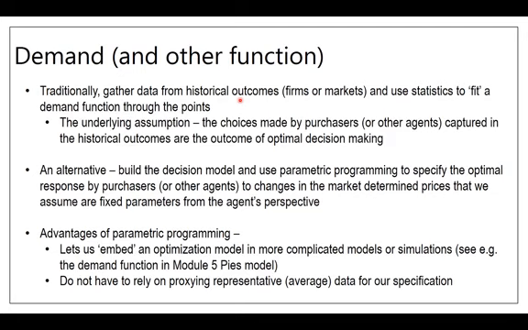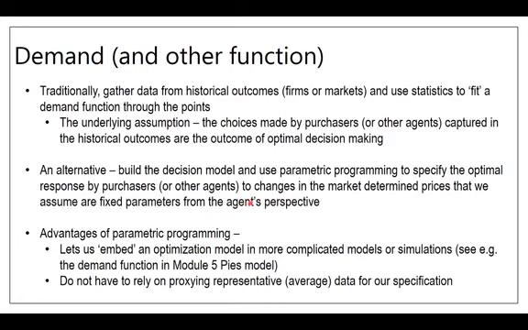Well, we could specify an optimization model that describes the new setting for sellers and buyers in the market, and we could simulate or build out these different price changes parametrically and solve it and get a solution.